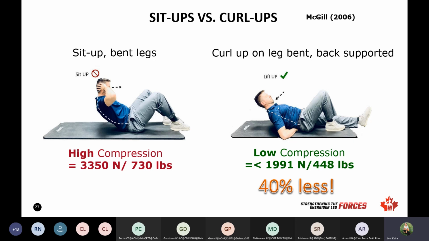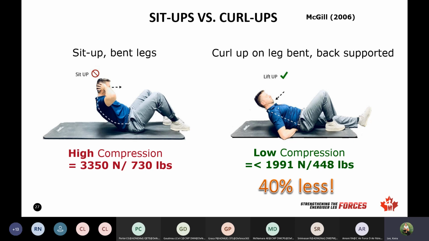So instead of doing a sit-up, we can try a curl-up. If you love that motion and that feeling from a sit-up, try a curl-up, which is illustrated on the right-hand side of this slide. It preserves the lumbar curve by extending one leg straight out completely, supporting the low back with the hands, and not sitting up all the way.